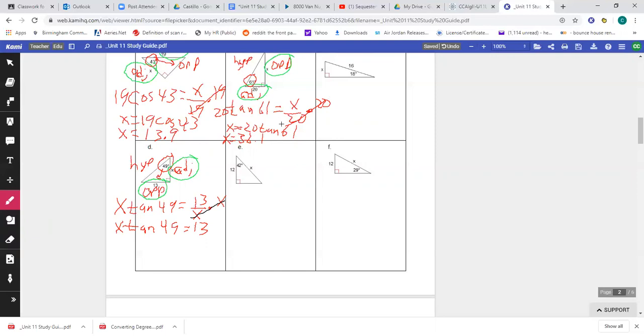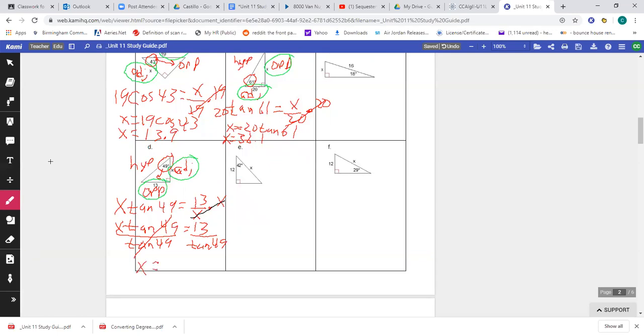And then how do I solve for x? Well, since I'm multiplying x and tan 49, the opposite of multiplying is I just divide by tan 49. And so the tan 49s cancel here.